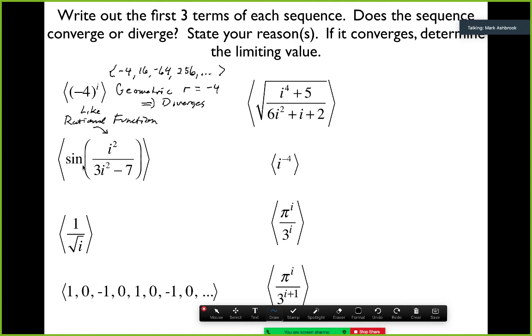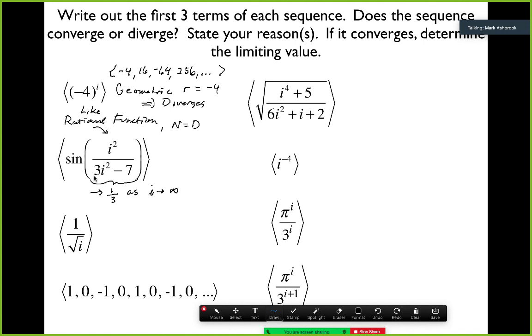As i gets very big, the degree of the denominator is equal to the degree of the numerator, therefore the argument will converge to 1/3 as i gets large.